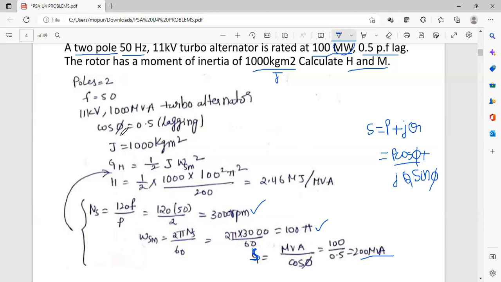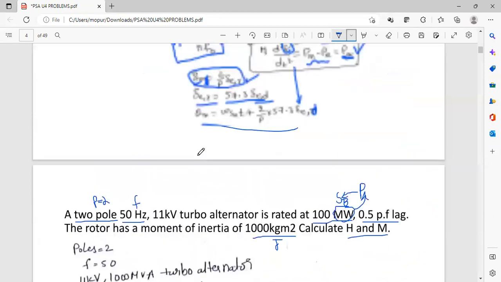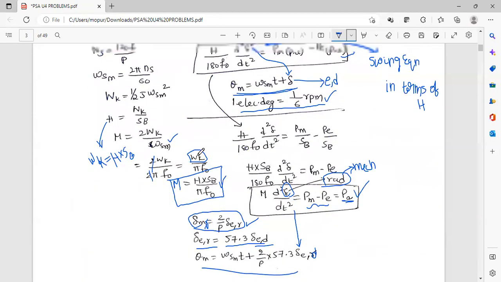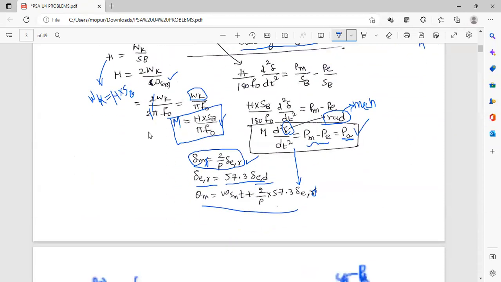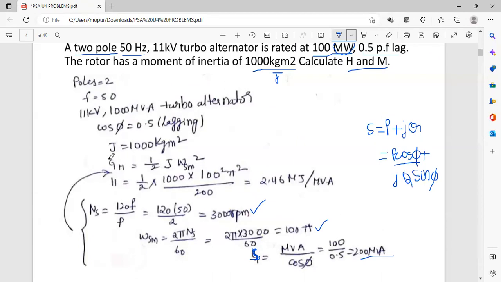Now we have calculated omega SM. The formula of H, what is H? The formula of H we just saw. H is equal to WK by SB, where WK is equal to half J omega SM square. So this is the WK formula. WK is equal to half J omega SM square.